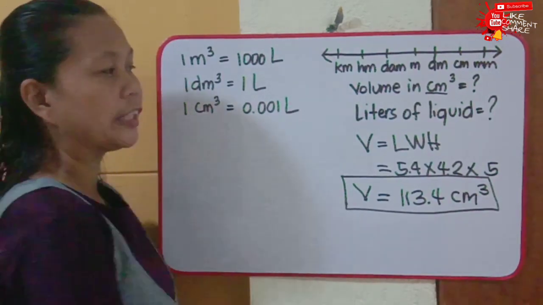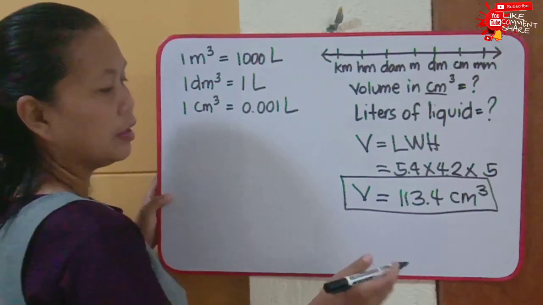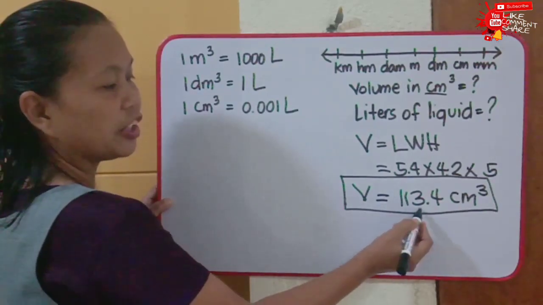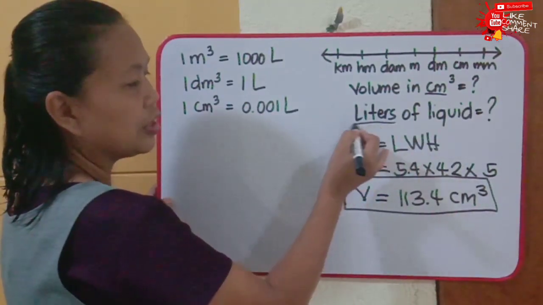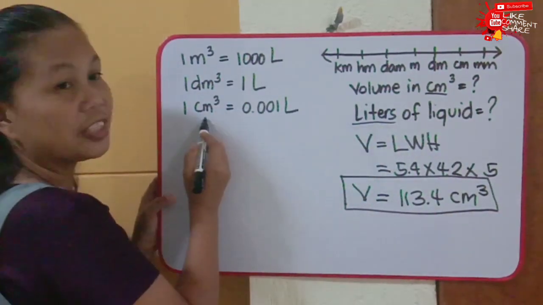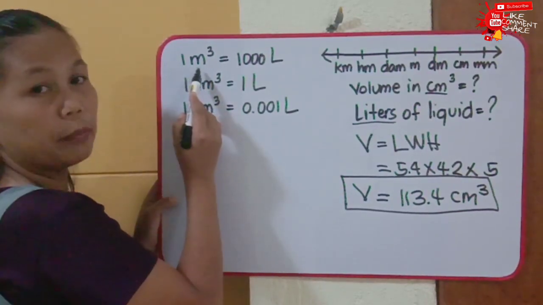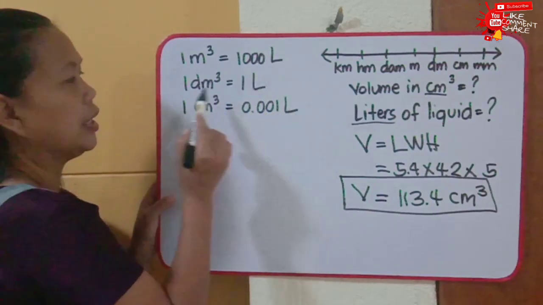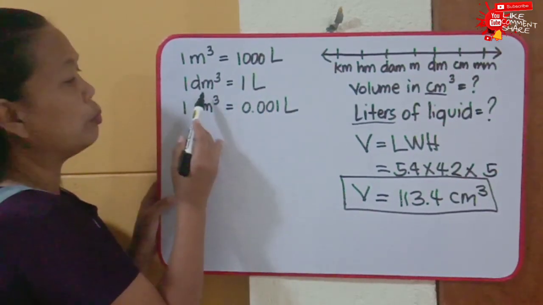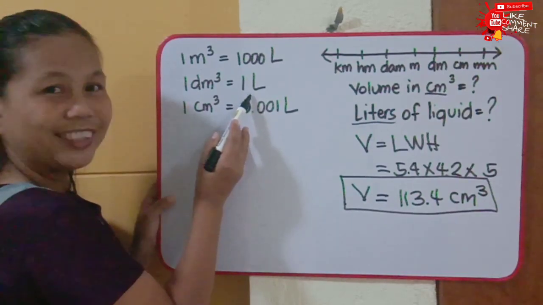Now to solve for the liters of liquid in the given problem, we have to change 113.4 cubic centimeter to liters. So we have to use these conversion factors. We have here 1 cubic meter is equal to 1,000 liter. Then 1 cubic decimeter is equal to 1 liter.